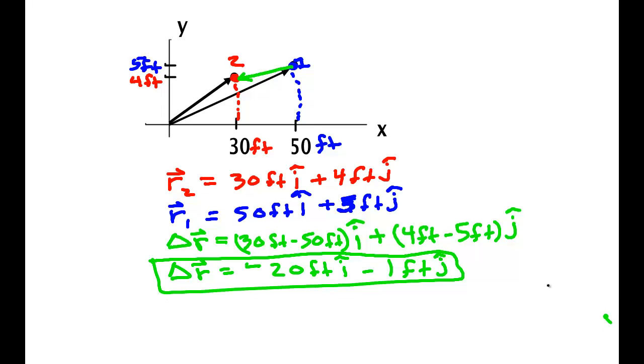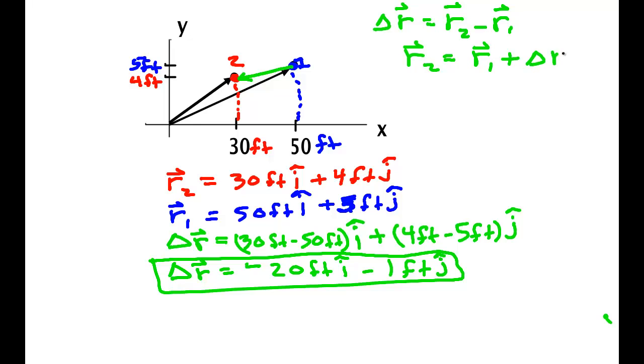Now, something else to notice about this: in general, delta R is R2 minus R1. So if we solve that for R2, we find that's R1 plus delta R. And you can see that in the diagram.